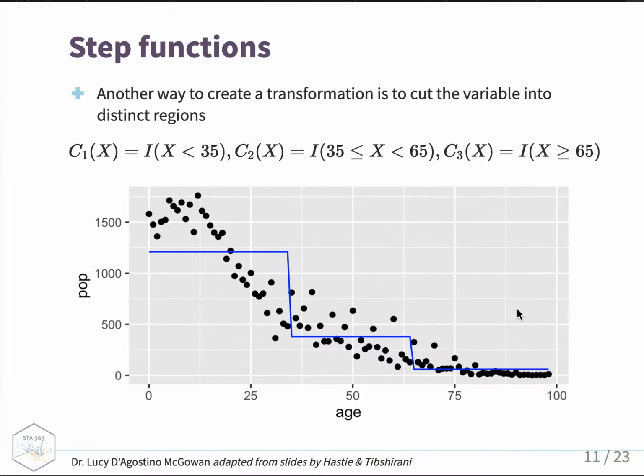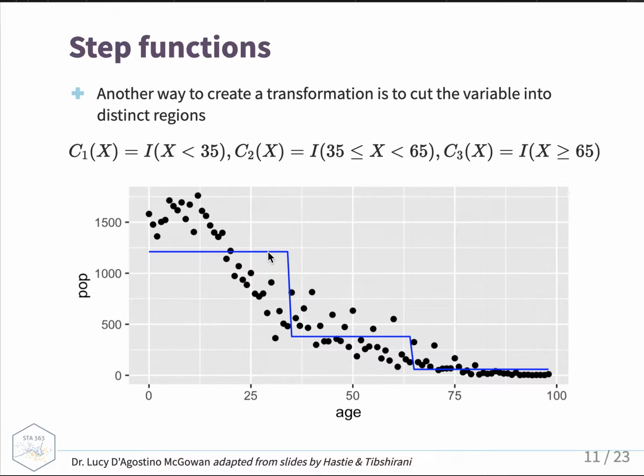Here I have an indicator variable that x is less than 35, and that's going to be this first step here. If I'm predicting a population value when x is less than 35, I'm going to end up here at like 1200 or so. So for any new age less than 35, I would predict a population around 1200.